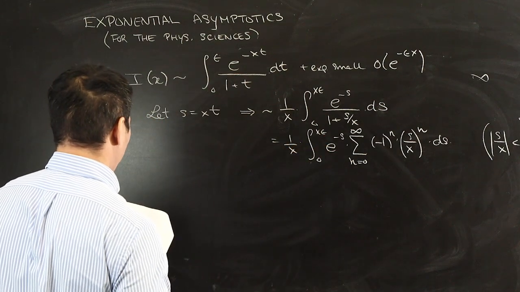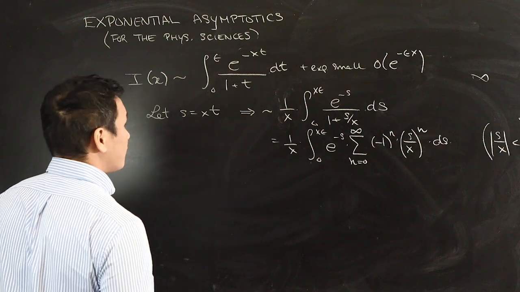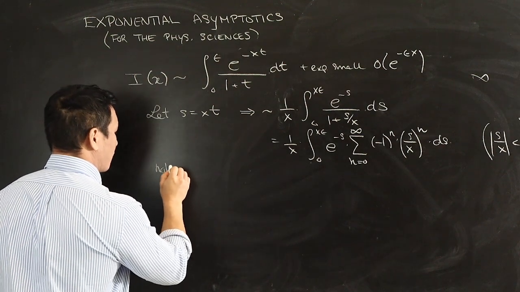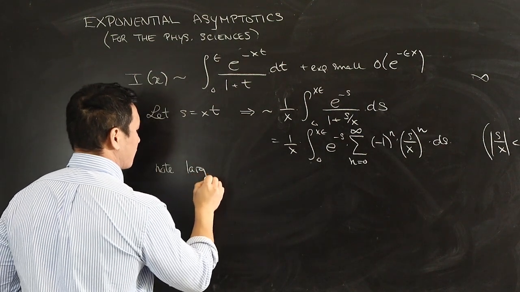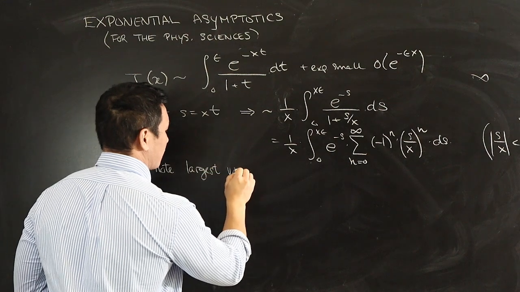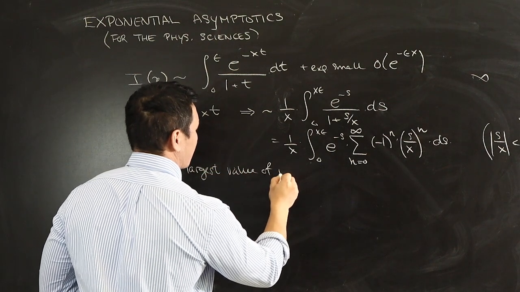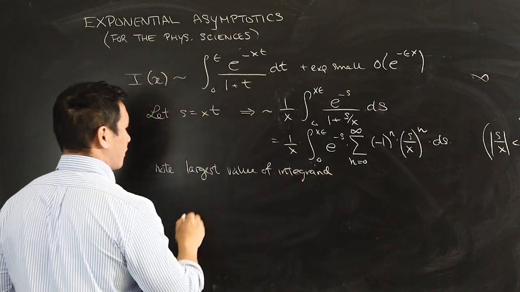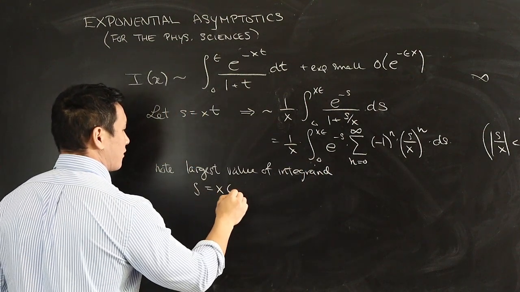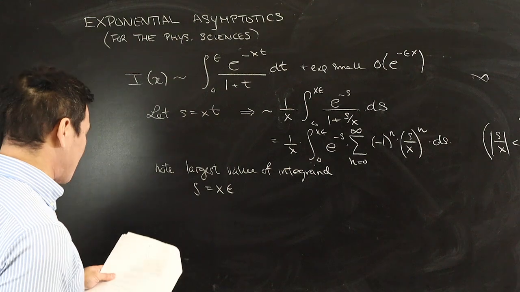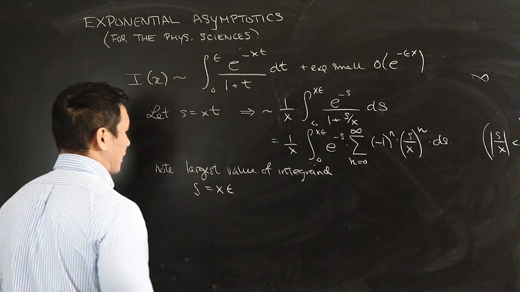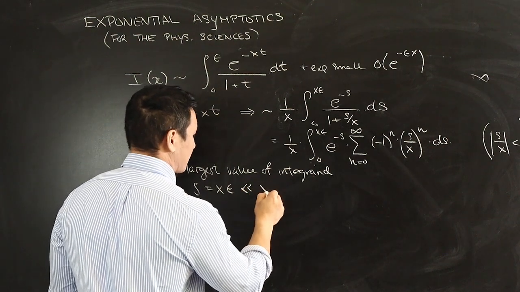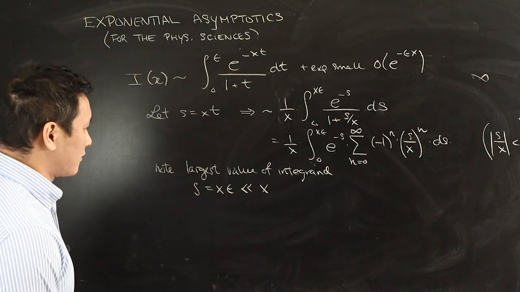So note here that the largest value of the integrand is x times epsilon, and I'm just going to require that to be much less than x.